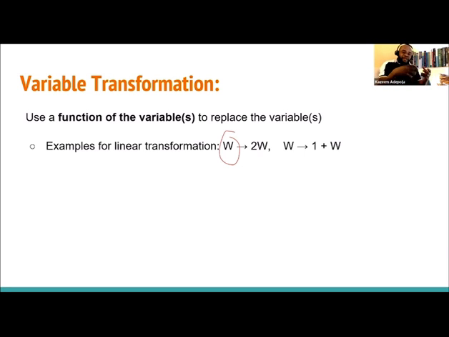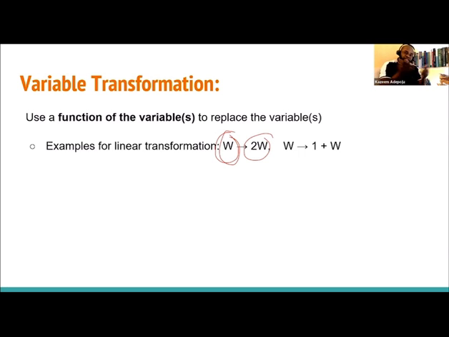Number one of them is what we call linear transformation. Probably I have a W before and I multiply W by 2. I double that. That's a transformation, because 2W is not the same thing as W.